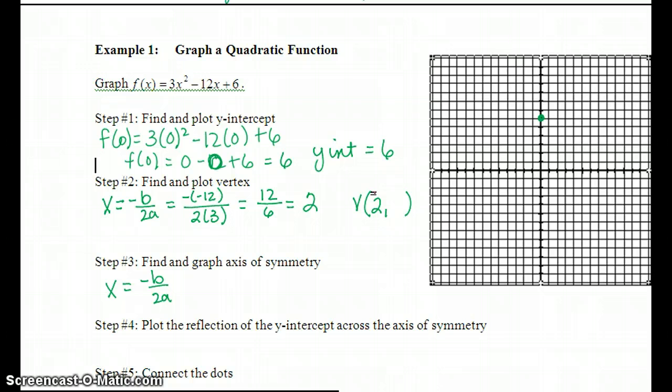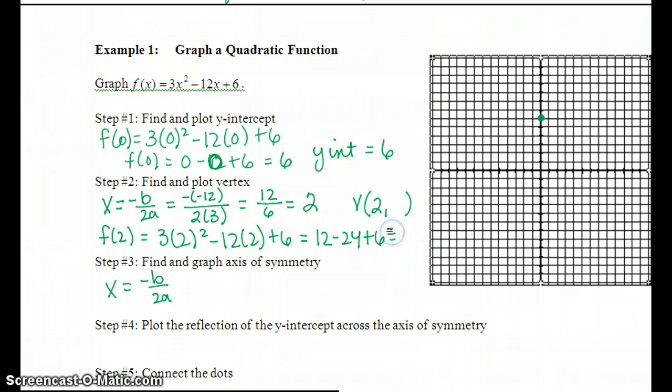And so now I'm going to find the y part by using that 2 in the original function. I'm going to say f of 2 equals 3 times 2 squared minus 12 times 2 plus 6. And that's going to give me 3 times 4, or 12, minus 24 plus 6.